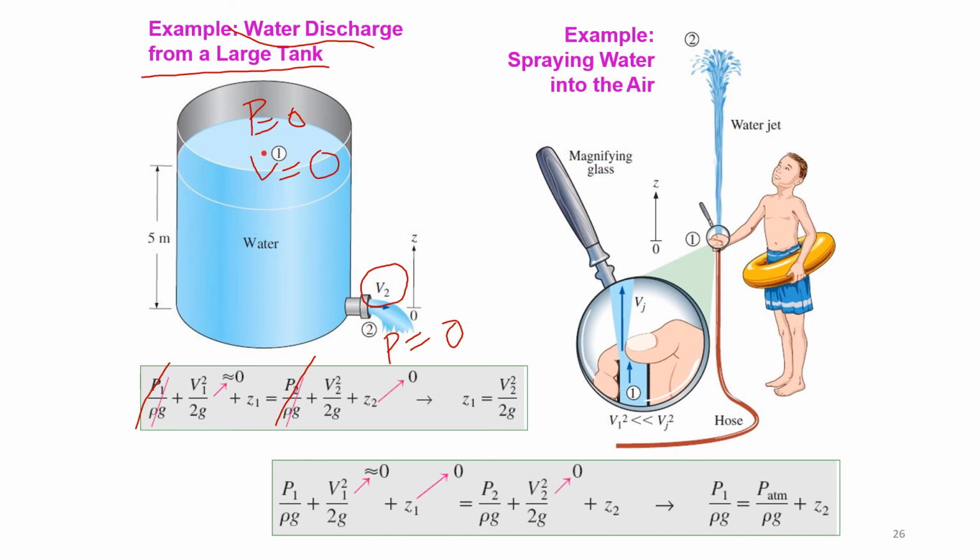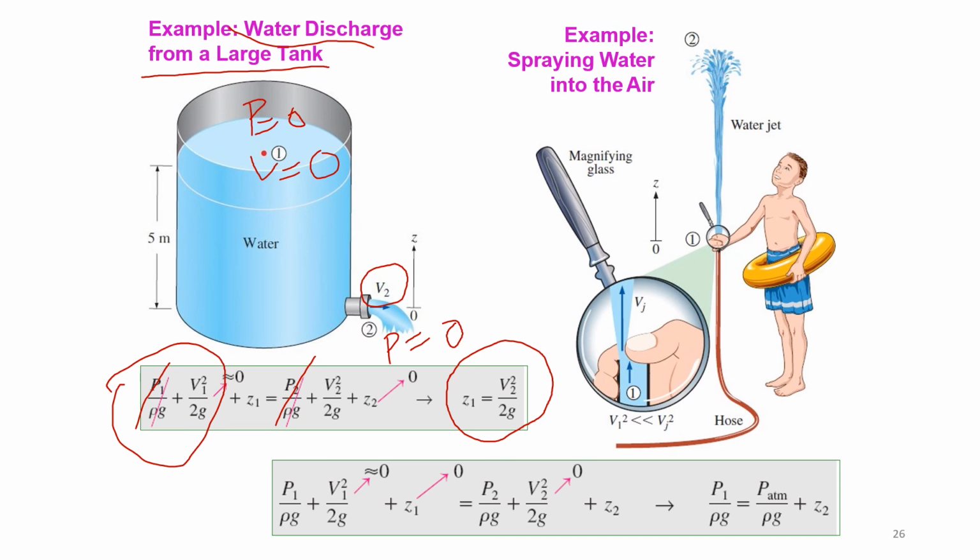For Z1 we have the Z1. For Z2 we consider it as 0 because there is no elevation for the water discharge. So we can conclude the formula for the Bernoulli equation for water discharge from a large tank is Z1 equals V squared over 2g. Okay, this one is considered approximately 0. So what is left is Z1 and the velocity at point 2.